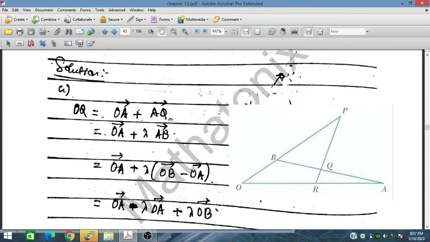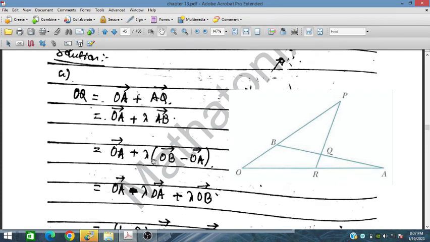So in place of AQ we can write lambda AB, and in place of AB we can write OB minus OA. So this gives minus lambda OA first, and then lambda OB. The rearrangement is written down like this.